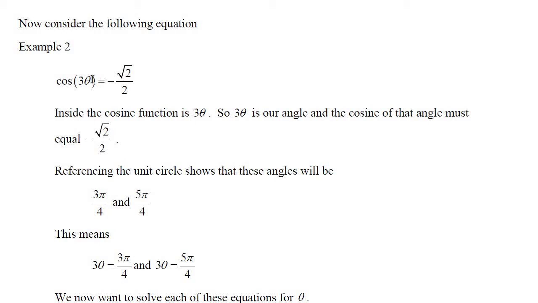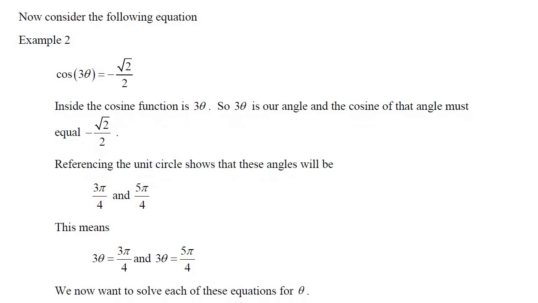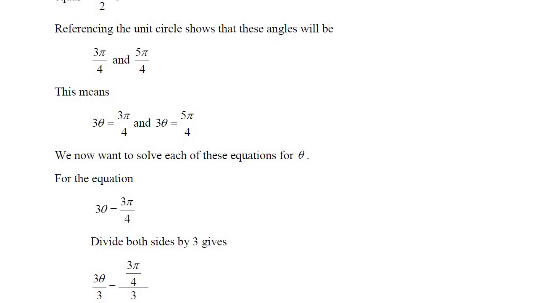Now, our angle was 3 times theta. So that means 3 times theta has to equal 3 pi over 4, and 3 times theta has to equal 5 pi over 4.